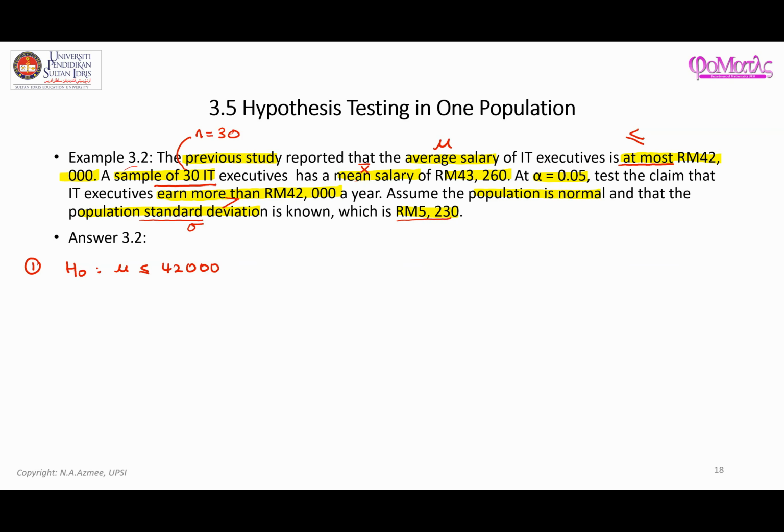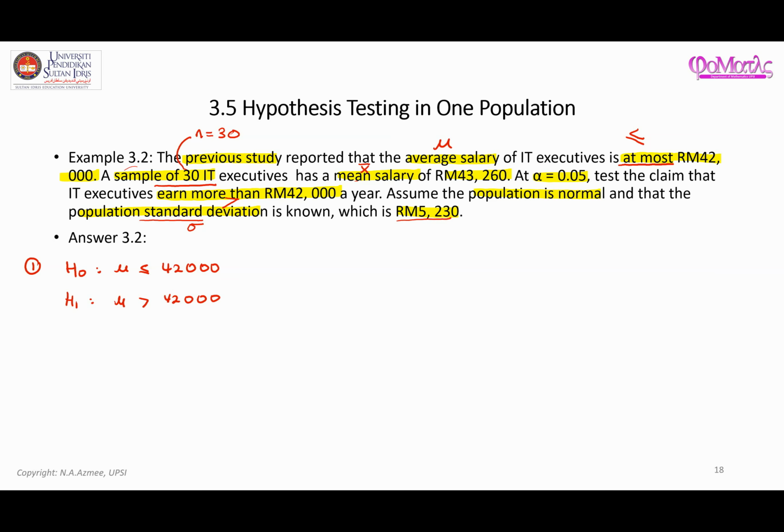Okay, so that is the null hypothesis statement. And then we are going to test the claim that IT executives earn more than 42,000 ringgit. So this will be the alternative, mu greater than 42,000 ringgit. And we know that based on this statement here, this is going to be a one-sided hypothesis.